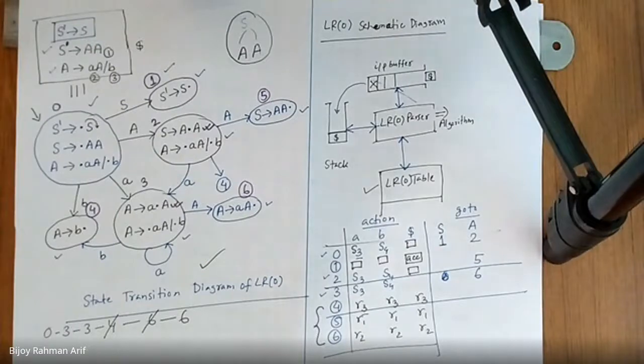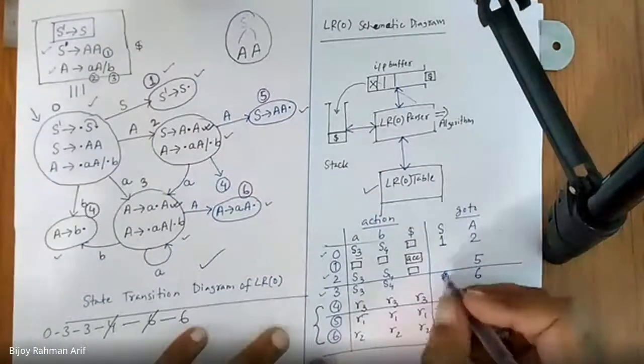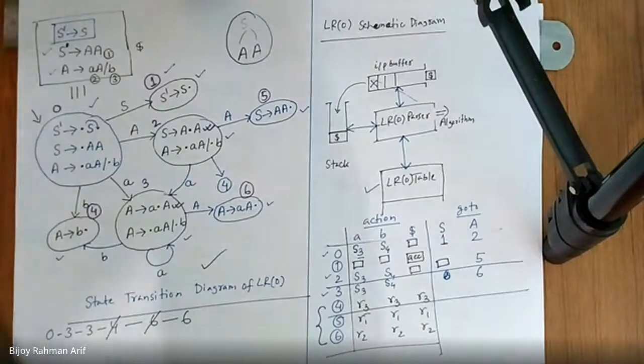If we reach these blank entries, what can we do? We will say that the string does not belong to this grammar.